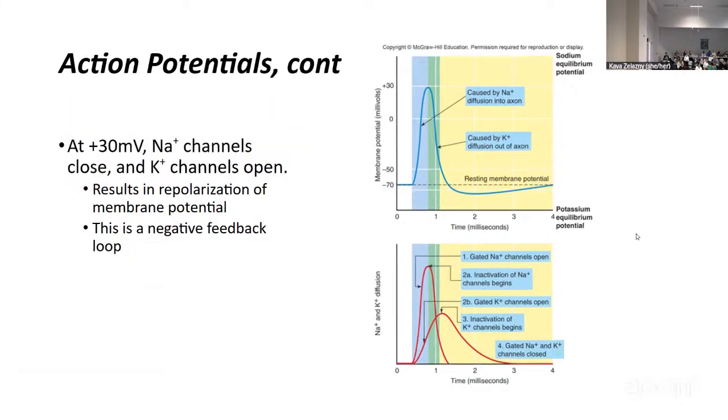At the time point when we're hitting 30 millivolts, our inactivation gates for sodium are closing, and this is the same time at which our voltage-gated potassium channels open. Both the inactivation gate on the sodium channel and the potassium voltage-gated channel are on a little bit of a time delay in responding to reaching threshold.